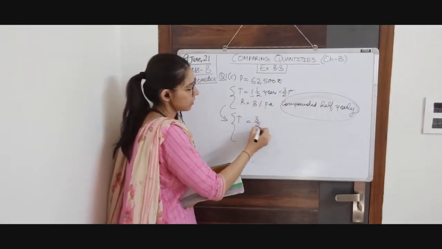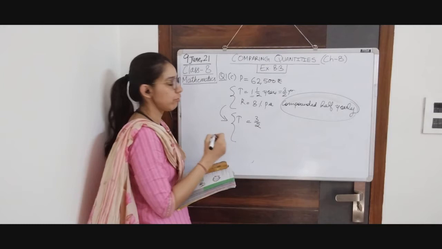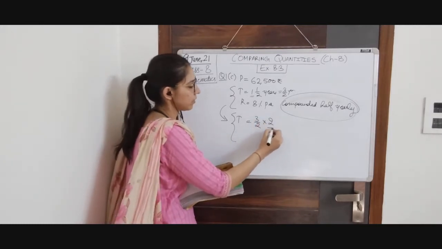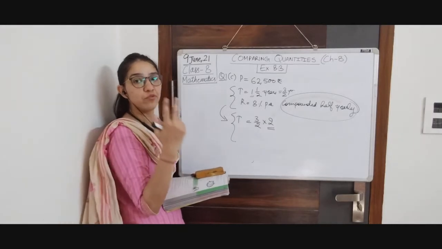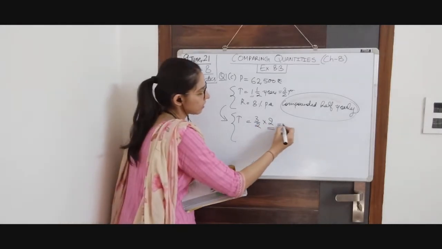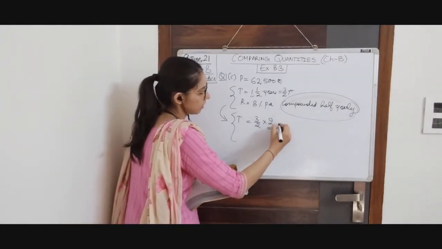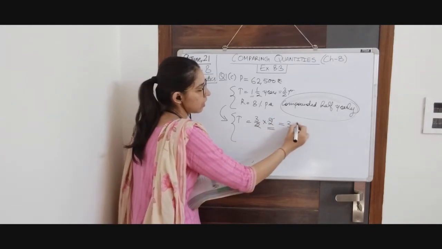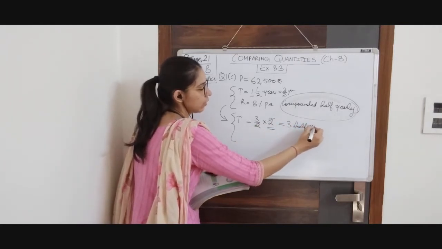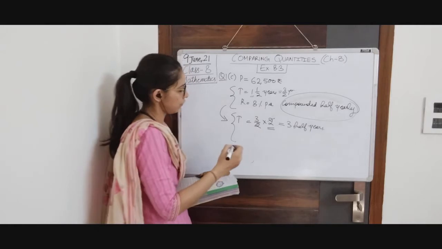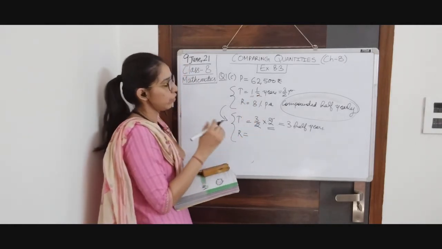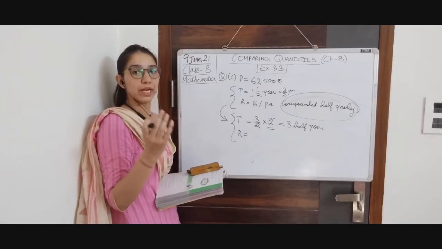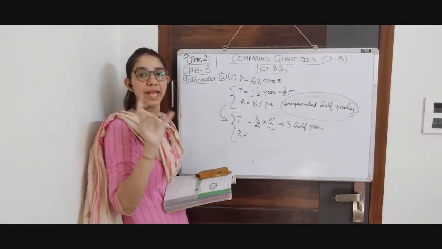We will multiply with 2. Remember this: for time we will multiply with 2 because in 1 year we have 2 half years. So we will get 3 half years. Your time now is 3 half years instead of 3/2 years. And your rate was 8% per annum. For 1 year it was 8%.